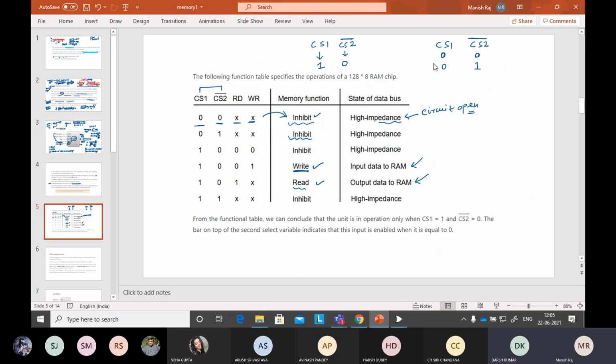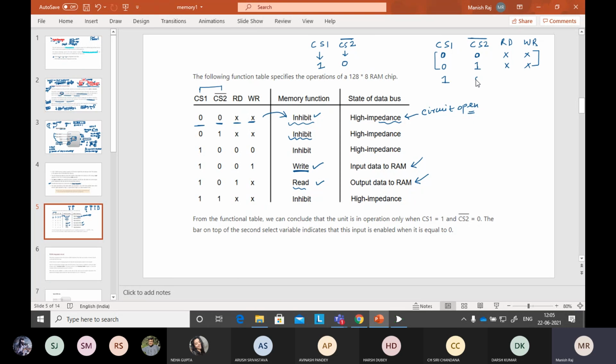In the third condition, whatever you are taking with write and read, there is no use. If you are not selecting the chip, it doesn't matter what you are doing. If you are not enabling the chip, that means you are in the inhibit condition.